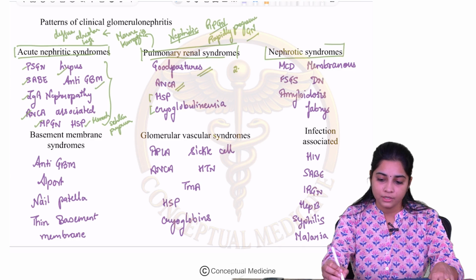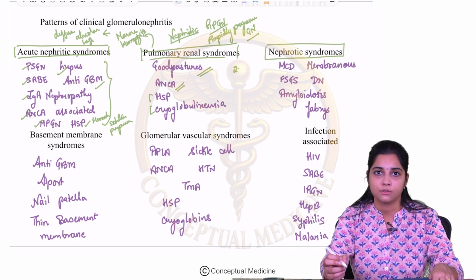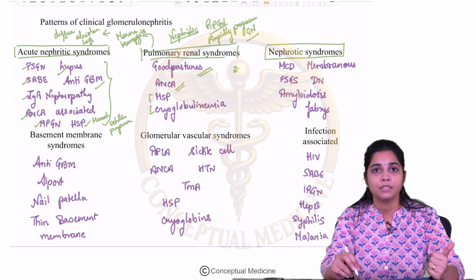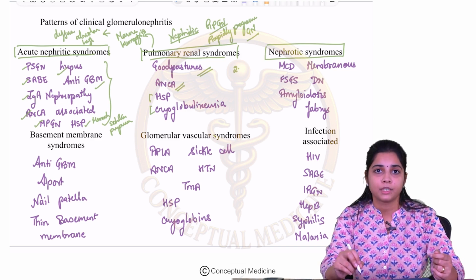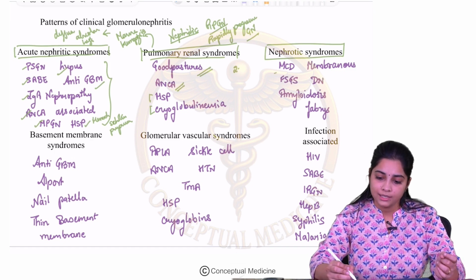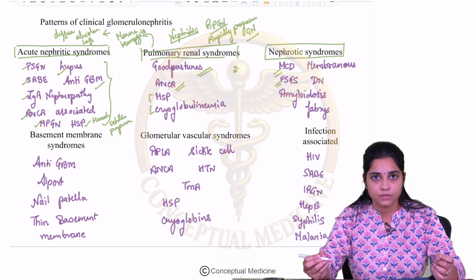Third, nephrotic syndromes. So what are the diseases which can cause nephrotic syndromes? We have already learned nephrotic syndrome is albuminuria of nephrotic range, more than 3.5 grams per day, with hyperlipidemia, anasarca, edema, and a predisposition to thrombosis. Under this, we have minimal change disease, focal segmental glomerulosclerosis.